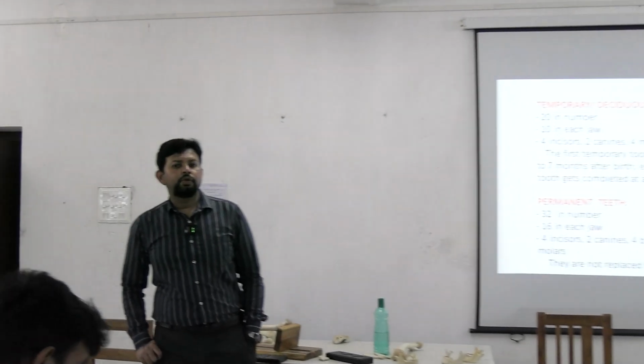So each jaw has 10 temporary teeth in kids. 10 plus 10, 20. Whereas in permanent, adults, it would be 16 in each jaw, lower jaw 16 and upper jaw 16, 32, right?